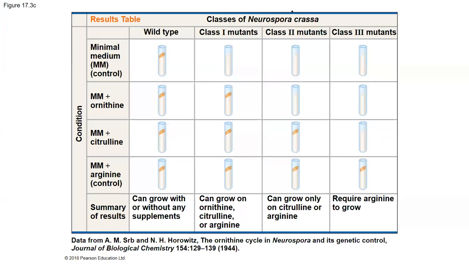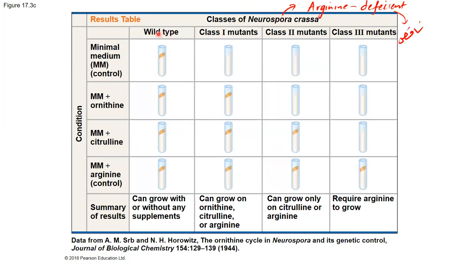These Neurospora cells are arginine deficient. Arginine deficient means that they cannot synthesize arginine. Deficient means ناقص.